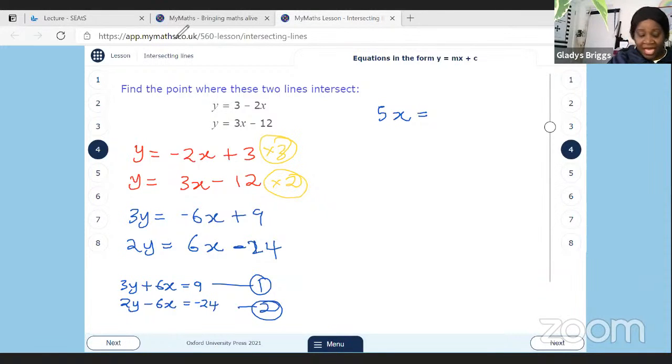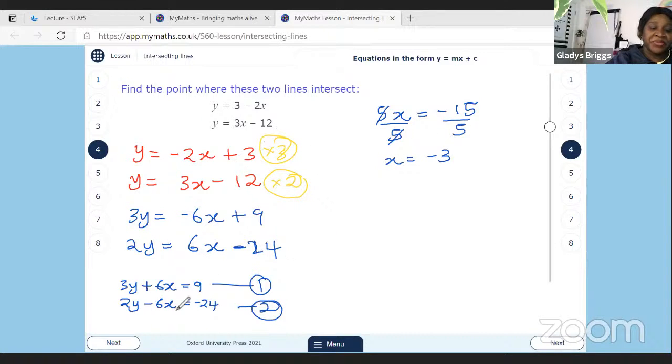Come on, guys. 9 minus 24. Minus 15. Yes. Okay. And then we divide both sides by 5, and x is equal to negative 3.